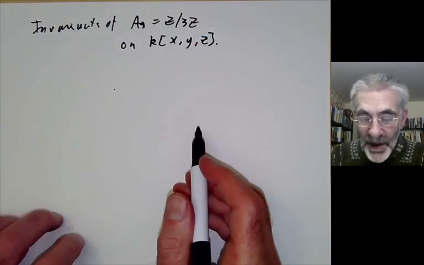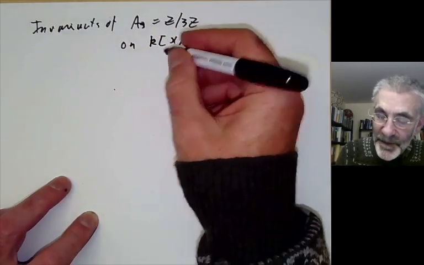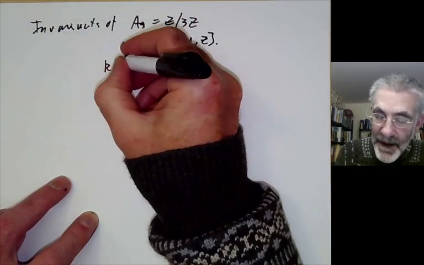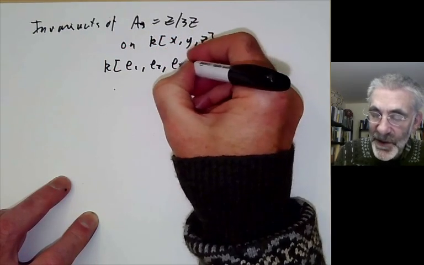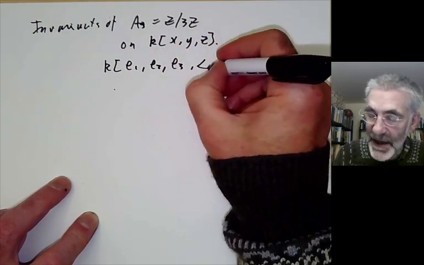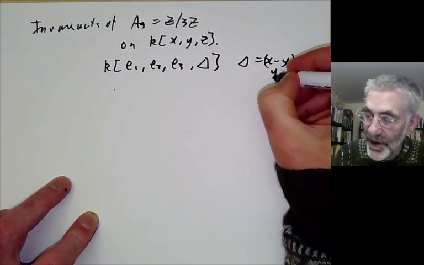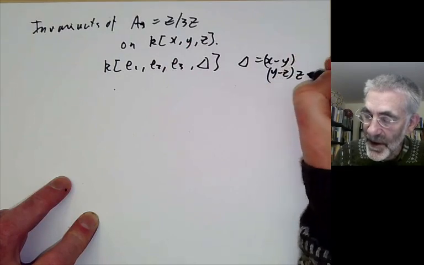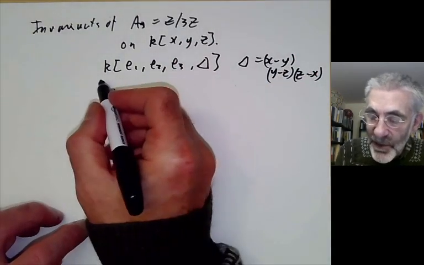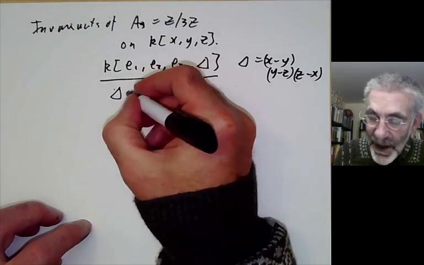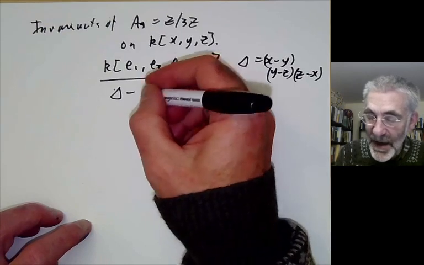And we got as far as showing that it was generated by E1, E2, E3, the three symmetric functions, and delta, where you remember delta was (x minus y)(y minus z)(z minus x). And we had to mod out by delta squared minus some polynomial in E1, E2, E3, and we have now shown how to work it out.